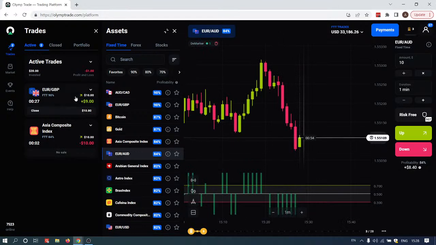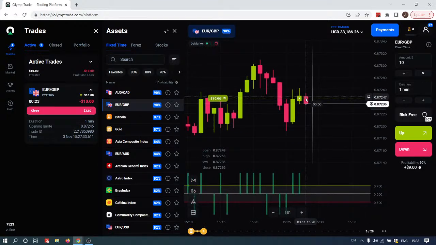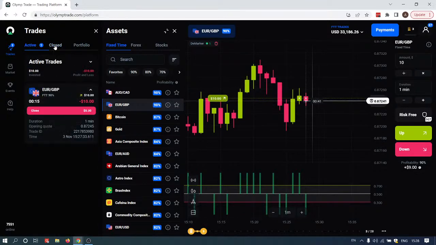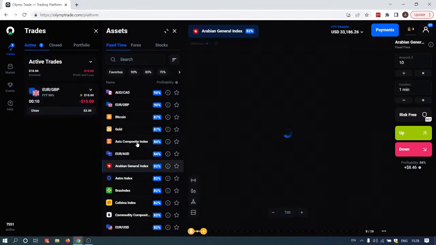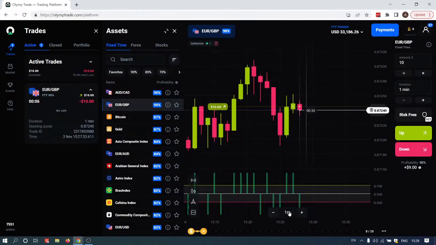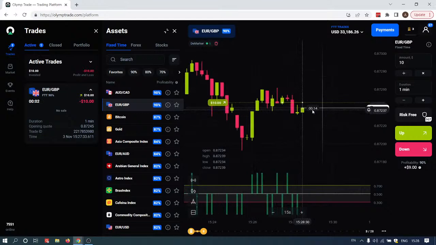Okay, I think it's time we switch to these quick trades. I will wait for this one to close. That was the euro against the pound. And then let's do 15-second trades.